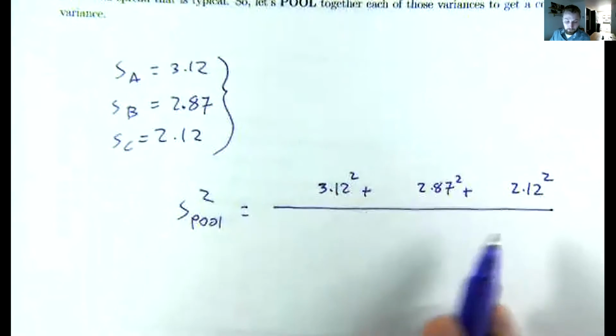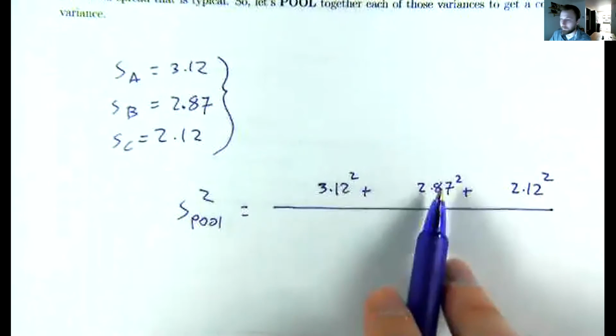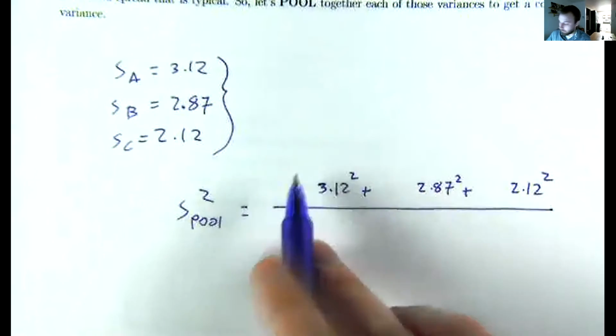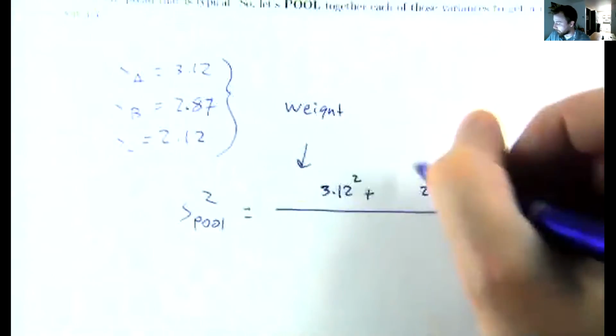Now, like before, if I said this is worth 1, this is worth 1, and this is worth 1, my weights wouldn't work. Reminder, I need to have weights for how important each of the groups are.